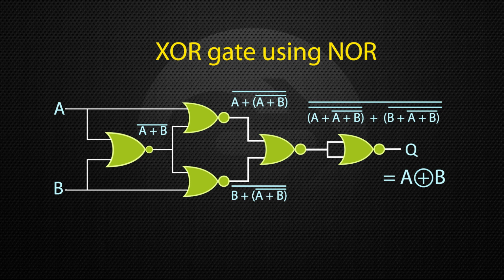Then A plus B bar whole bar NOR B plus B bar whole bar generates this. Finally, the NOR of A plus B bar whole bar plus B plus B bar whole bar again generates this, which on further simplification generates A bar B plus AB bar.